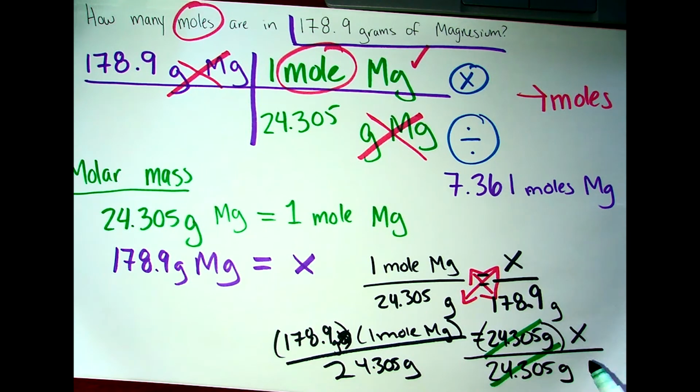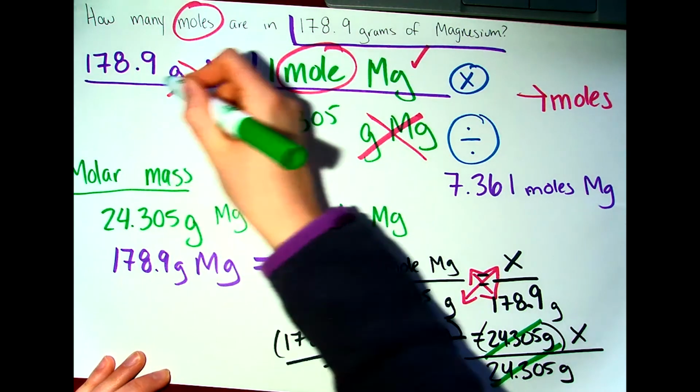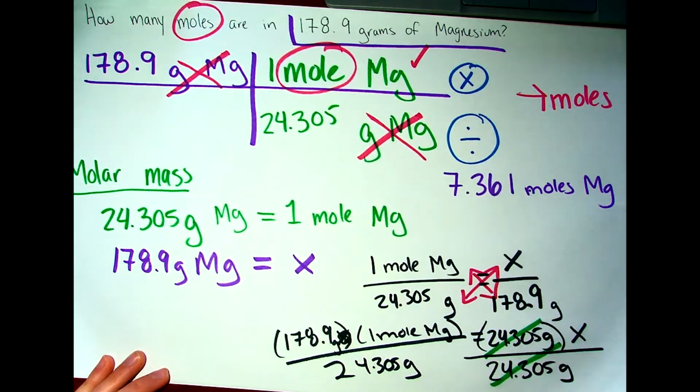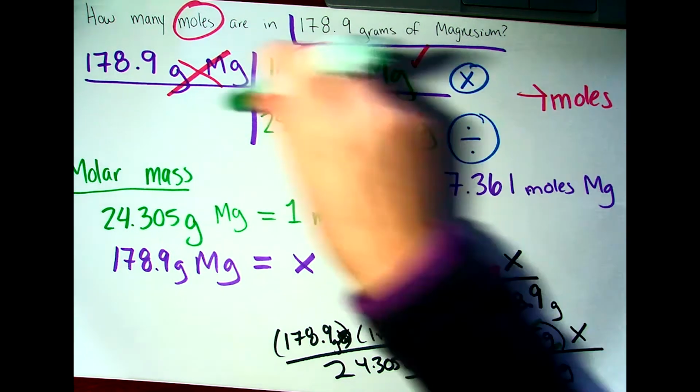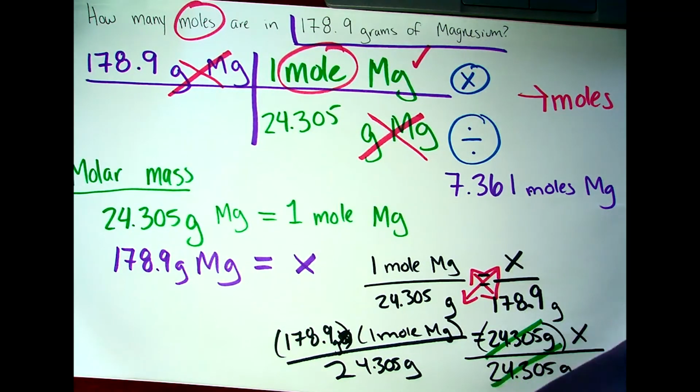We'll be left with X equals 178.9 times 1 mole over 24.305 grams, which is exactly what we've written up here. So it'll give us the exact same answer. So 2 different ways to solve it. I think going straight to this is a bit easier, especially long term.